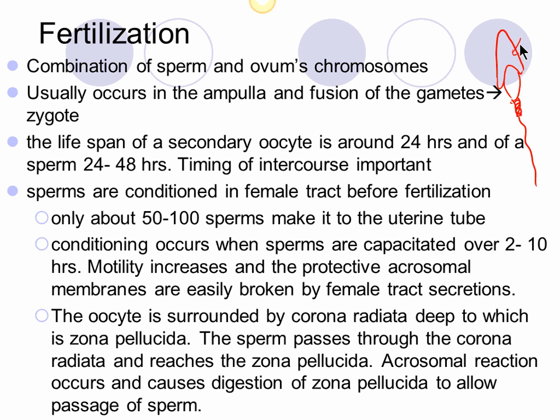So if this is the oocyte, there's a membrane around it called the zona pellucida, and then you have these cells which surround it, known as corona radiata. You can see that in order to get into the ovum, the sperm has to pass through this thick layer of cells and through the zona pellucida and then get in, so it has to find a pathway through.